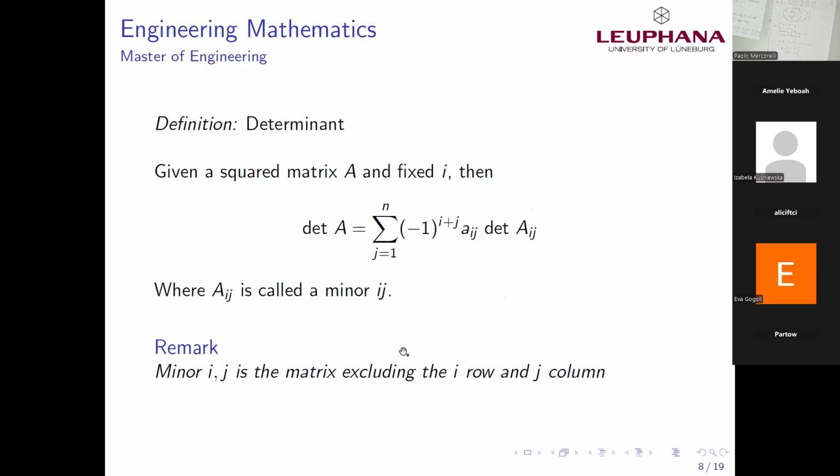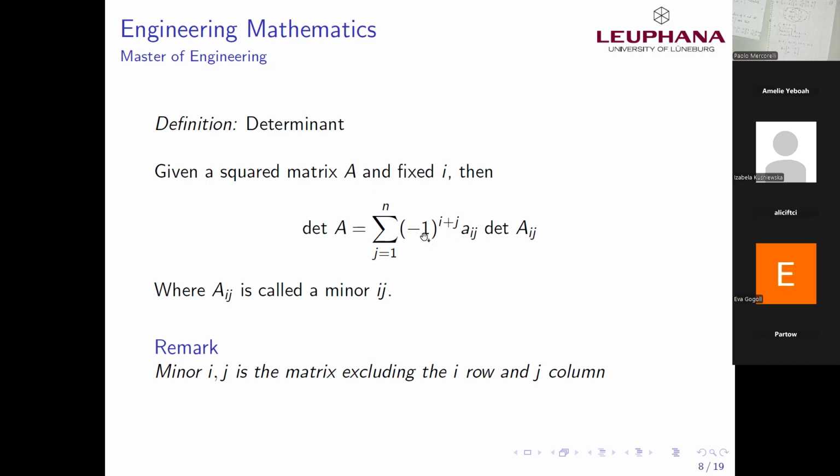If you consider now the case 2 times 2, look what I have. j equals 1 until 2, the sum goes until 2. This means minus 1 up to what? Please pay attention. And I is fixed.